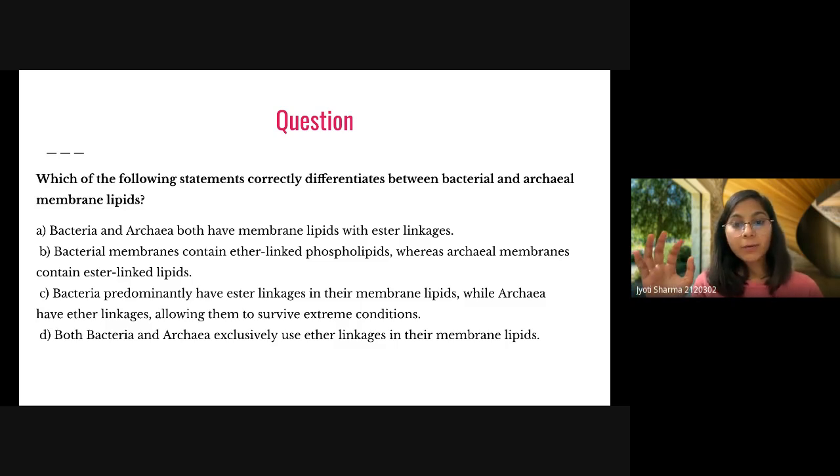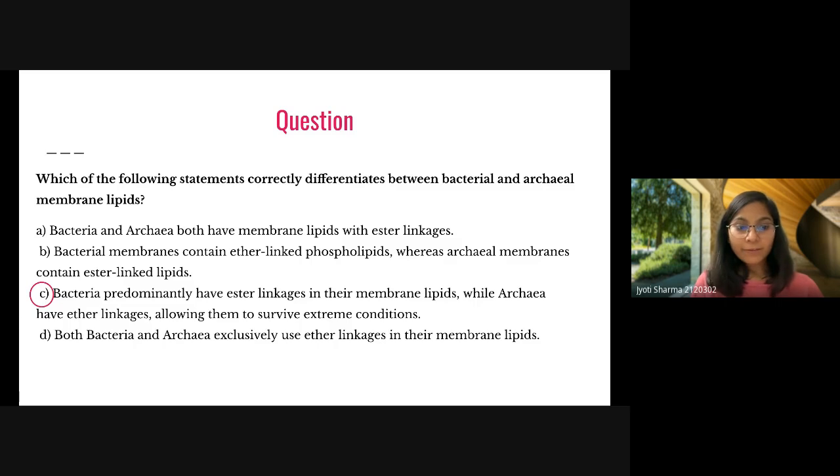If we are talking about the cell wall or the cell membrane, basically here we are talking about the cell membrane, then the cell membrane has lipids either in the bacterial or in the archaeal cell membrane. Yeah, this option is not B but C.